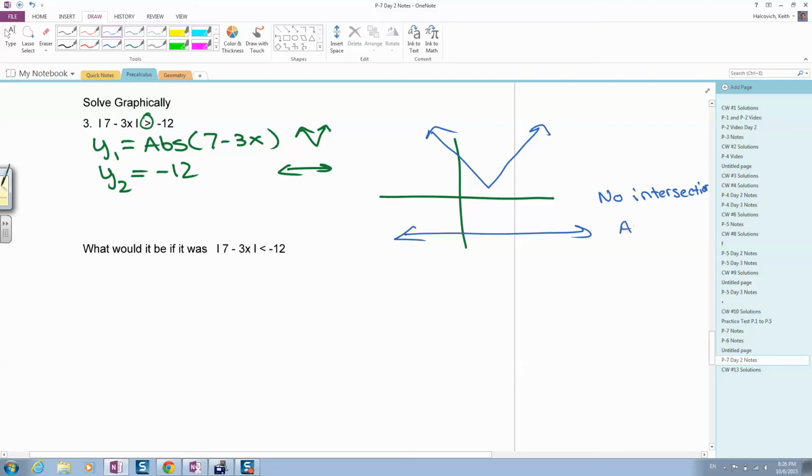It's above the line everywhere. Because it's above this line. So therefore, the answer is all real numbers. Now, if it was less than, then the answer would be no solution because it's never below. So you have to keep that in mind.